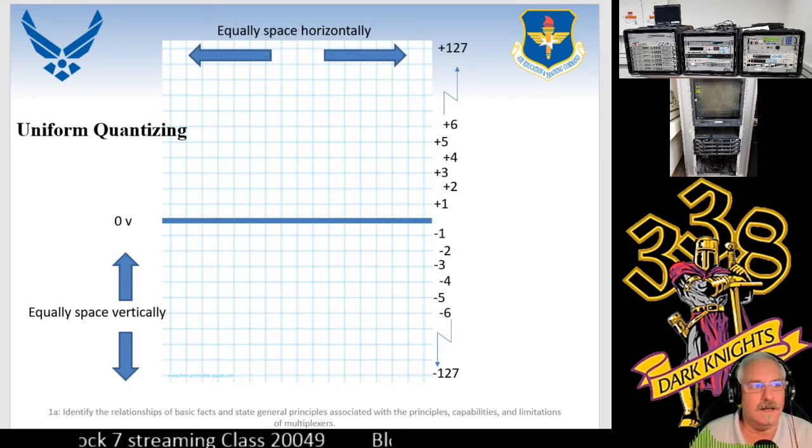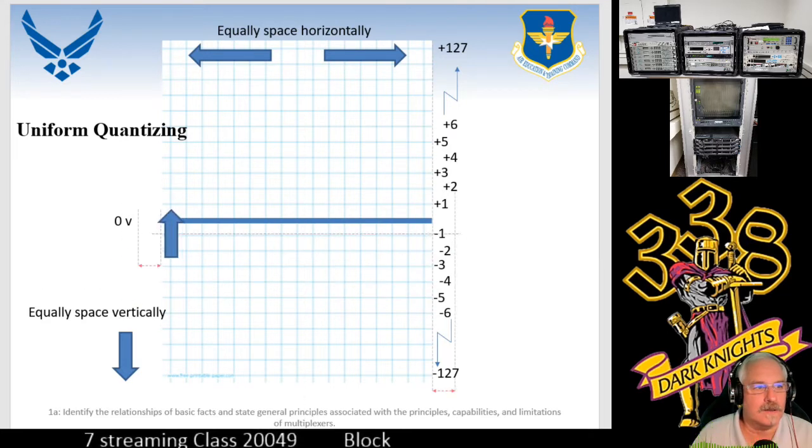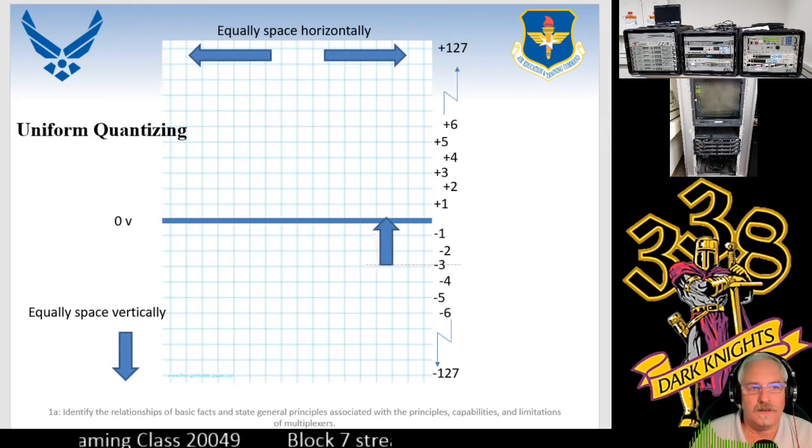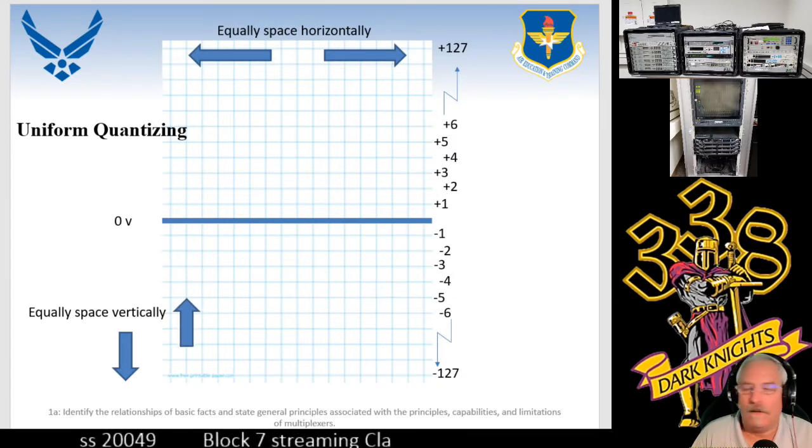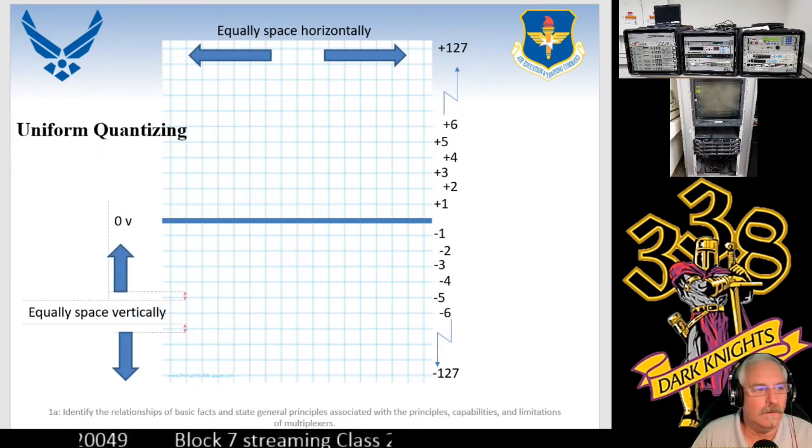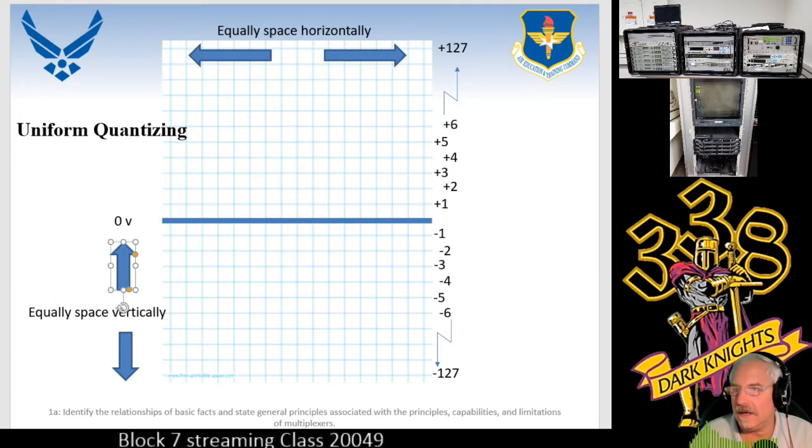And you can see that every one of these spaces between these are equal. Every one of this height are equal. So that's the way the quantization table works.